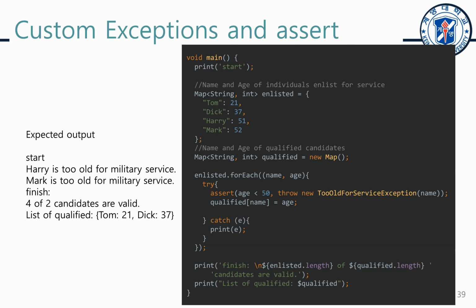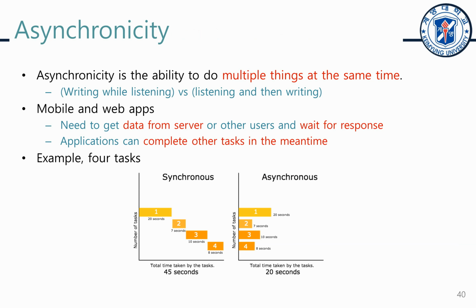Another advanced concept that we'll see in this chapter is asynchronicity. That means to do multiple things at the same time. Sometimes when you are in a class, while you are listening to what the professor is saying, you also write, right? Or you can just listen and then write.